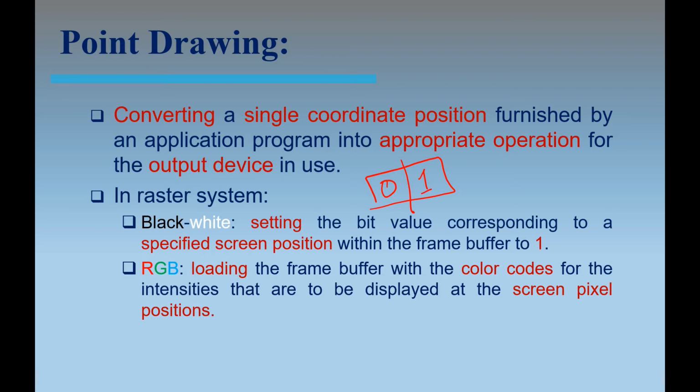Okay, and suppose in RGB, we load the frame buffer with the color codes for the intensities that are to be displayed at the screen pixel position. So in RGB, since we have red, green and blue, these values will be stored in a three-dimensional matrix, because we need to have the values of red, green and blue.